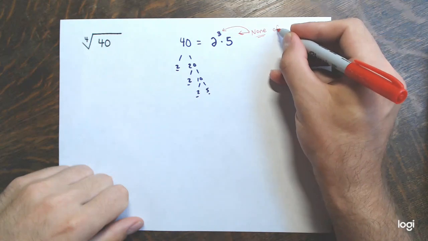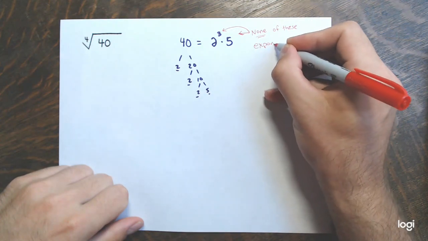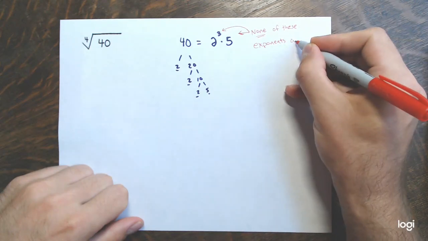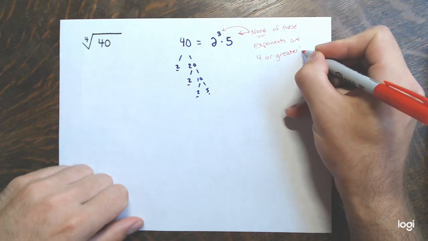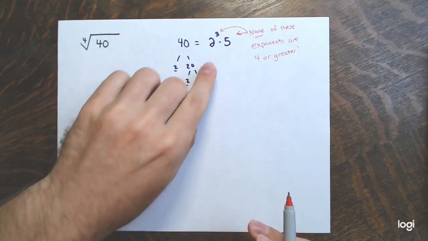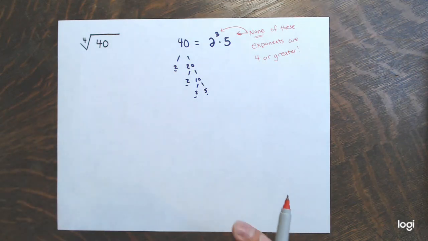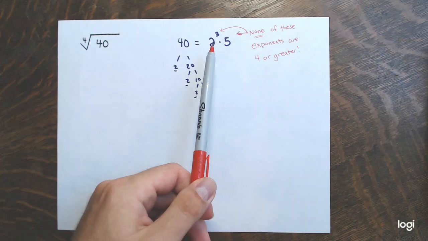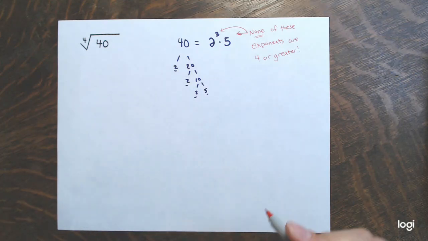None of these exponents are 4 or greater. So that means I can't break it up like I did in the last example. I can't break this up into perfect 4th powers and non-perfect 4th powers. This is every single factor here. 2 to the 3rd and 5 are not perfect 4th powers, right?